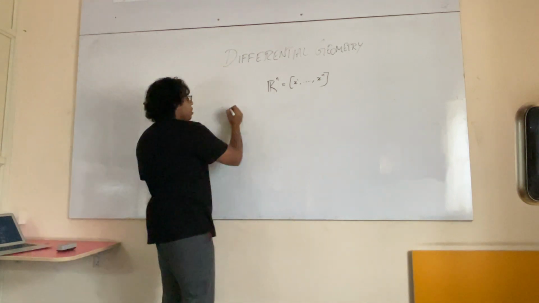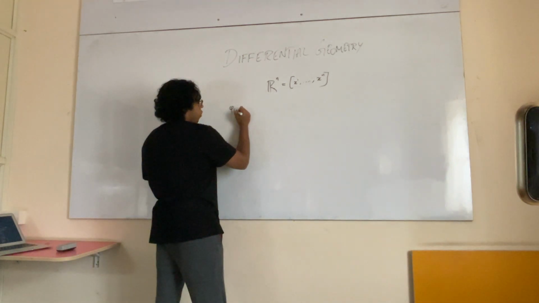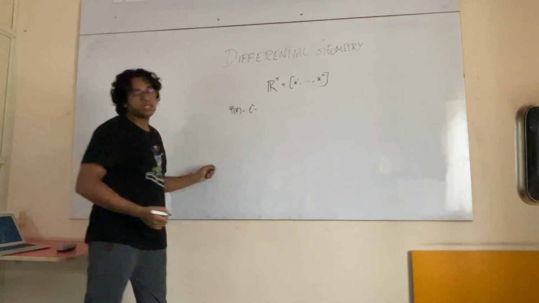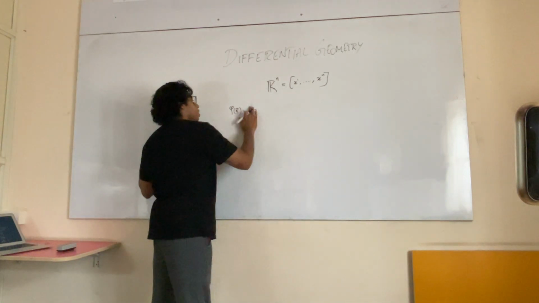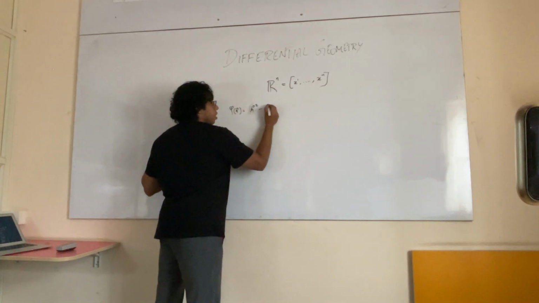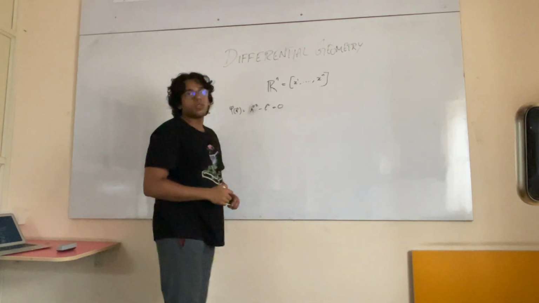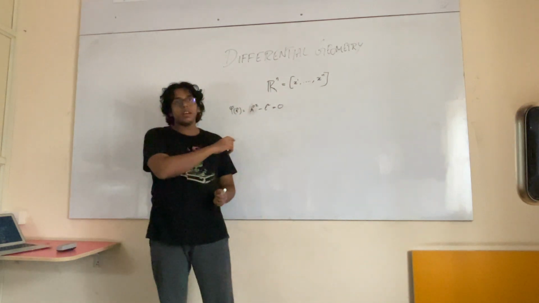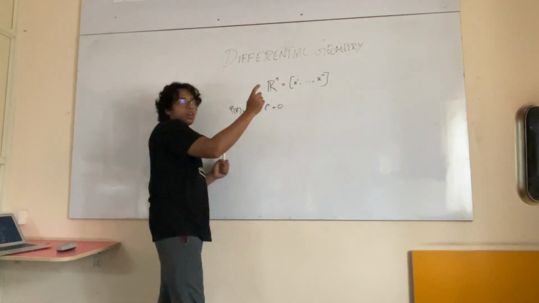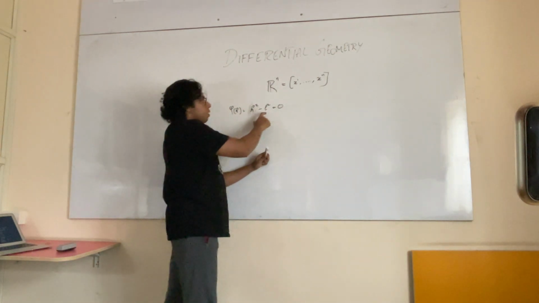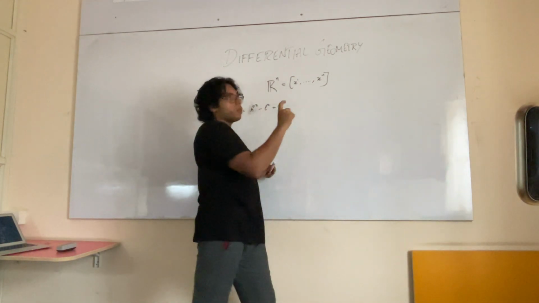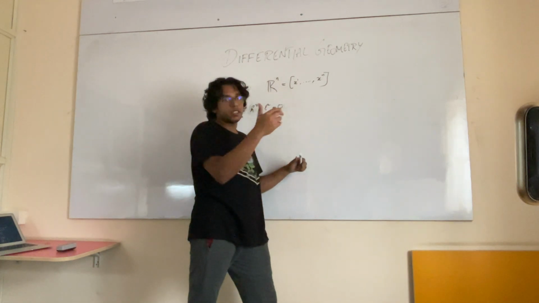So let's add a constraint, which is E(R) = R squared minus L squared equals 0. So basically, you are constraining the whole thing, saying that from a particular origin, from a particular zero point, the length of each point is uniform.